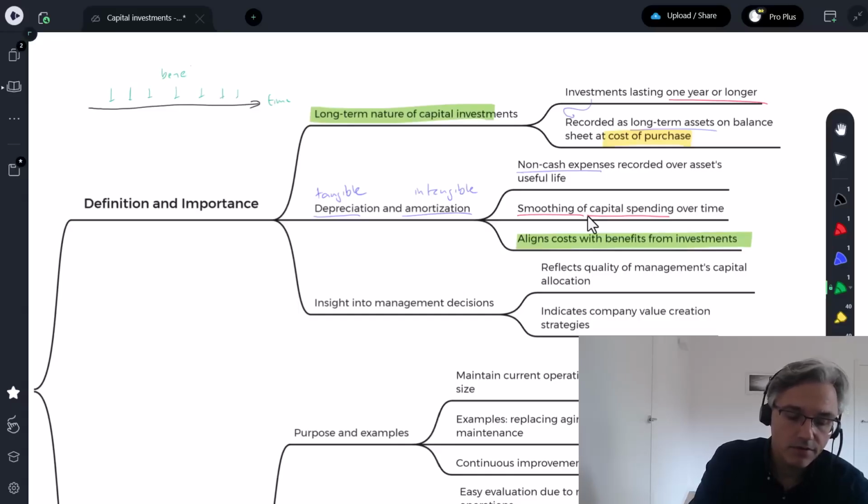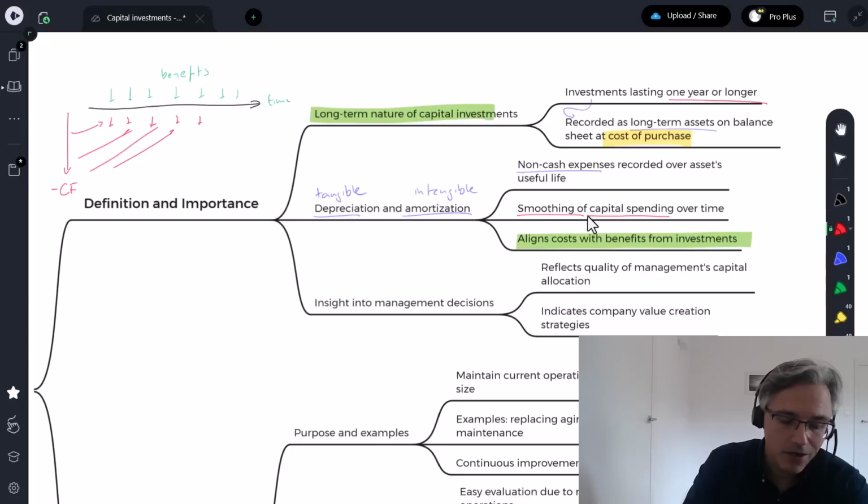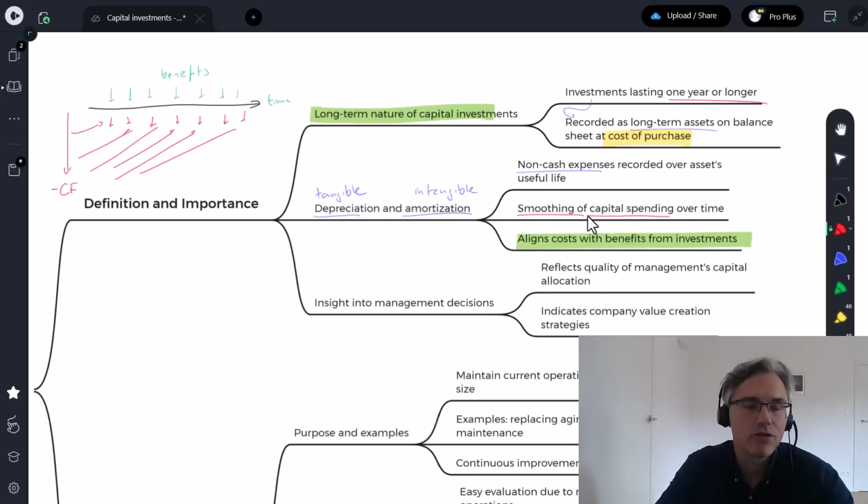And the point of depreciation or amortization is to take that big negative cash outlay and actually, instead of recording that in the income statement, spread it over time so as to get matching. There is an important accountancy concept known as the matching concept or the matching principle, and that's what depreciation or amortization allows us to get from a P&L perspective.